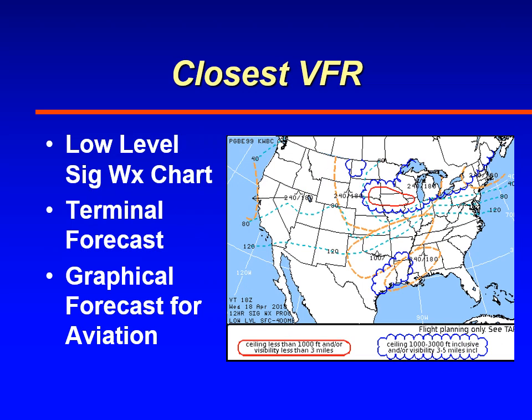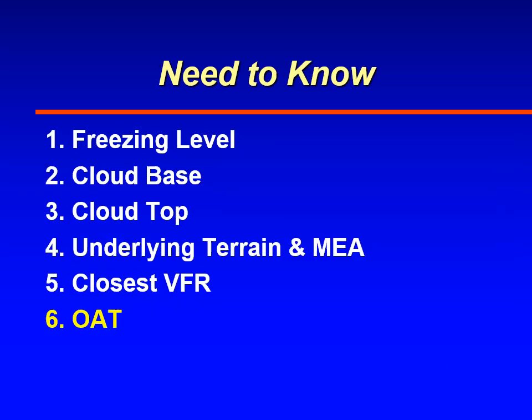Also, you can get a forecast for closest VFR by looking at the low-level significant weather prognostic chart. It gives you kind of a big picture. Terminal forecasts, if you look at several terminal forecasts, it gives you an idea when and where VFR conditions will exist. And then also finally, the graphical forecast for aviation gives you forecasts of VFR conditions.